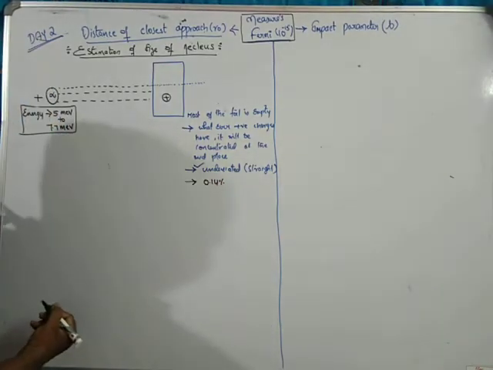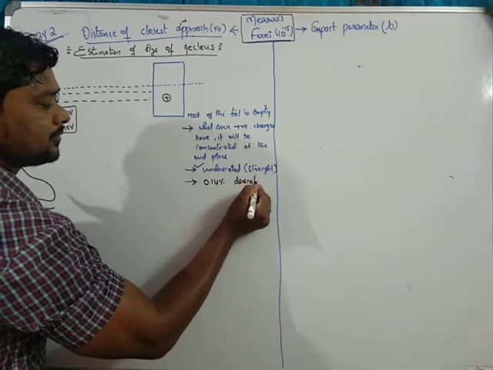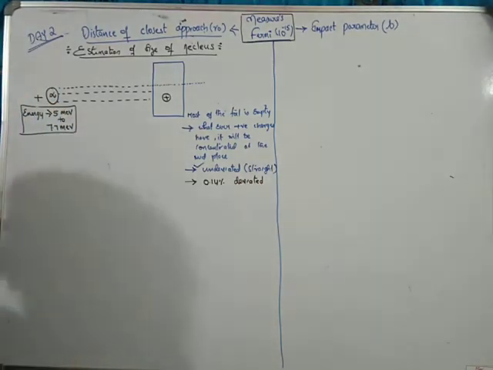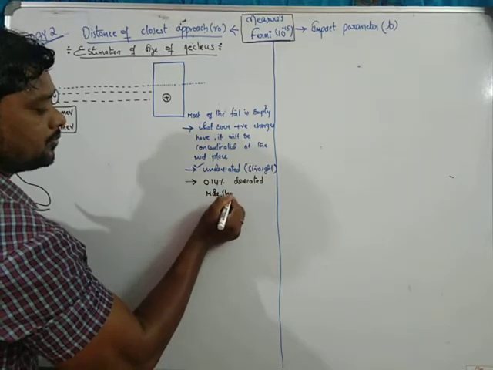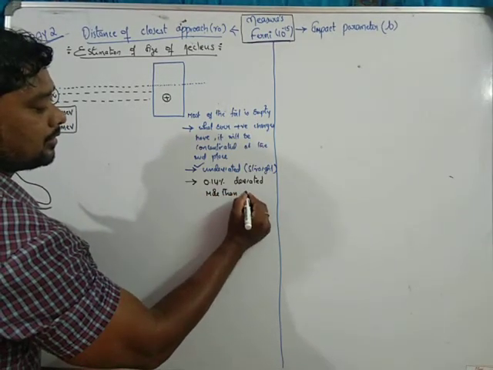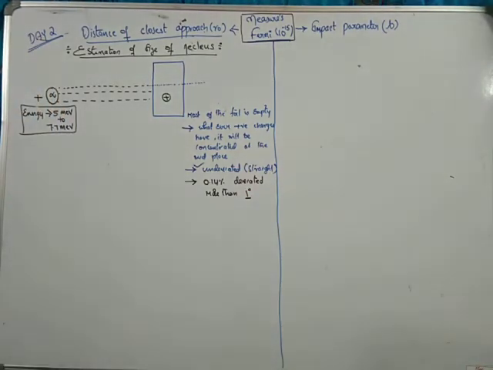If you consider the second one, 0.14% are deviated, which is more than 1 degree.